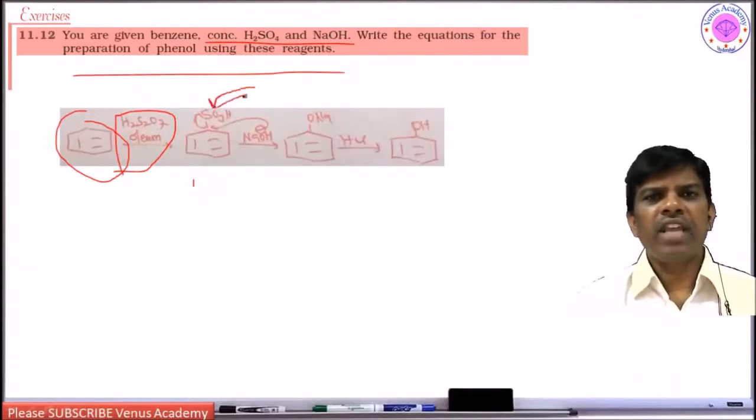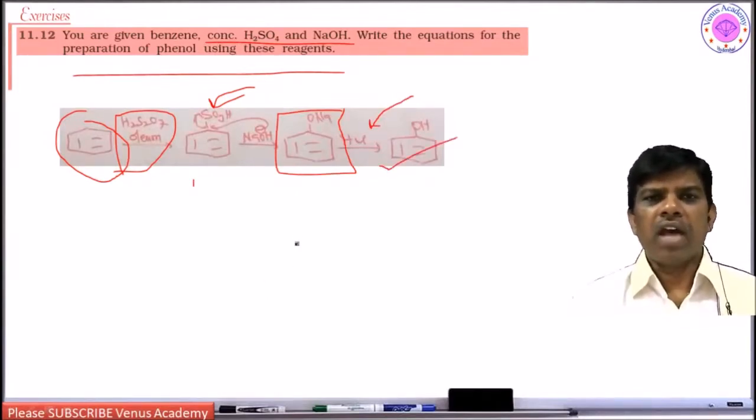To give sulfonic acid, benzene is going to be converted to sulfonic acid. This sulfonic acid, upon nucleophilic substitution using NaOH, concentrated sodium hydroxide, gives sodium salt of phenol. This sodium salt of phenol, upon hydrolysis, upon acidification with HCl, we are going to get this OH, that is phenol.